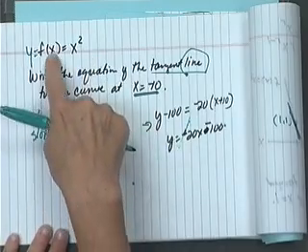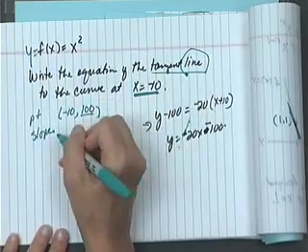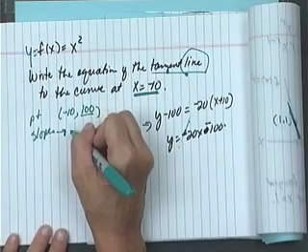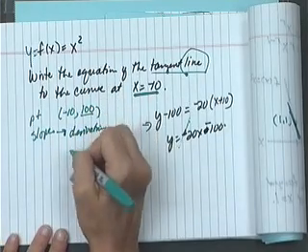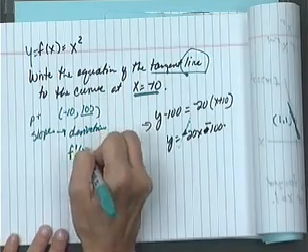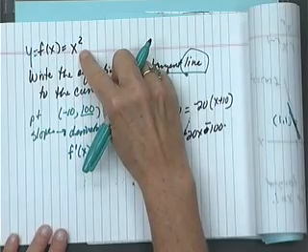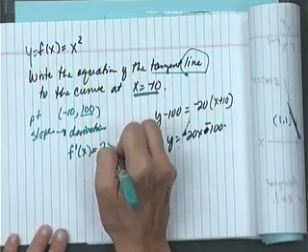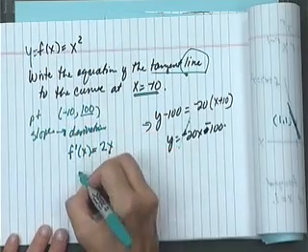So when x is negative 10, the y value is 100. When you need a slope, the slope of a curve, your brain goes to the derivative. You find the formula for the derivative that will give you the slope anywhere, and then you have to find it particularly at negative 10. So for x squared, the formula for the slope anywhere is 2x. You need it when x is negative 10.